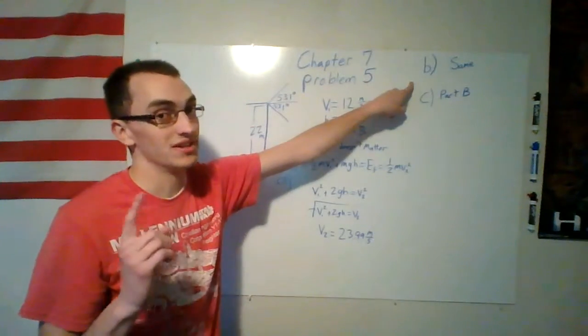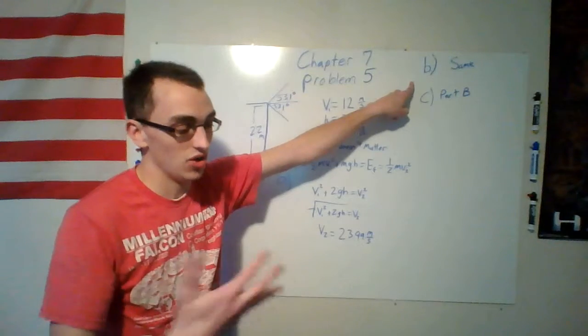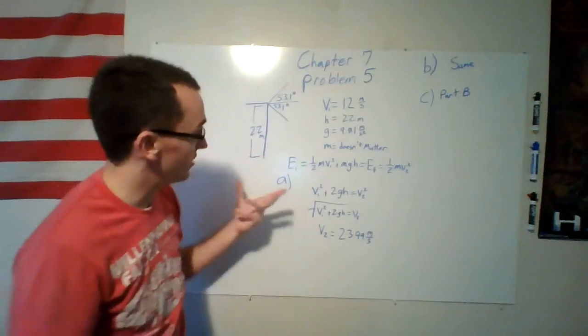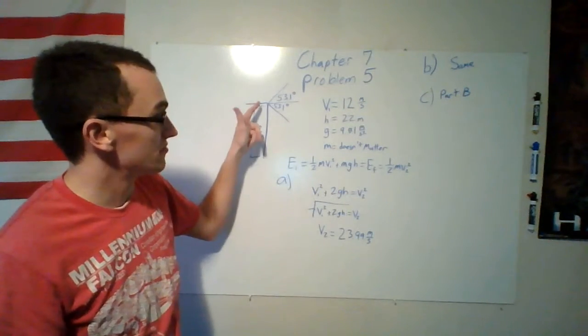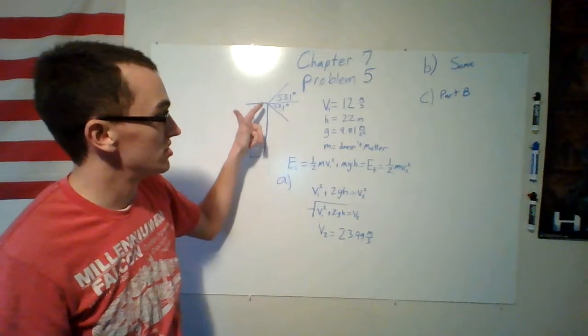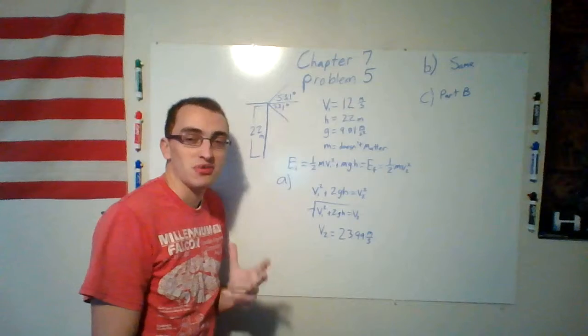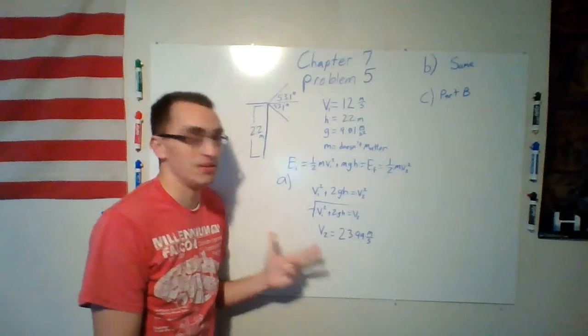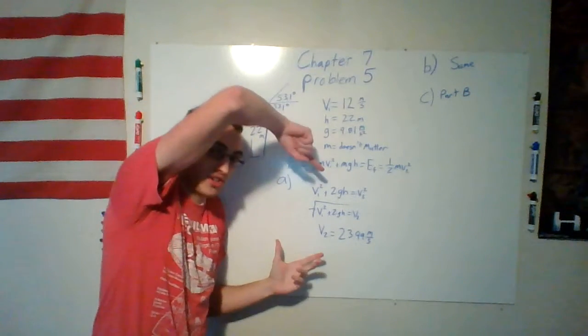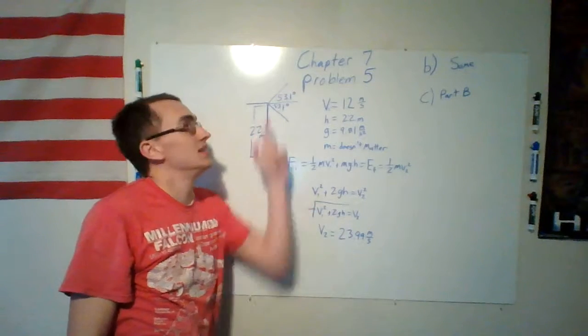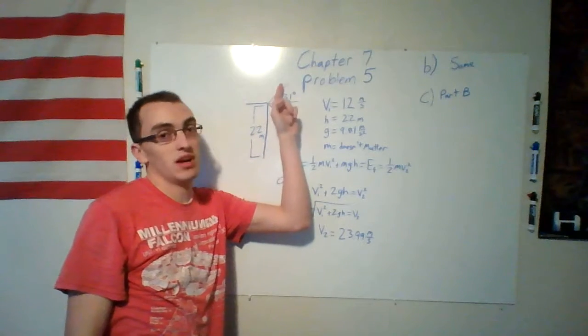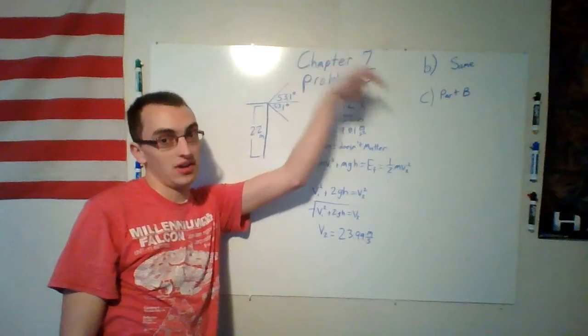Part C, which one's going to be going faster if there is air resistance? I'm trying to think of an easy way to explain this, but pretty much part B, going down, is going to be faster. Because if you throw up, you have air resistance blocking you all the way on your way up and on the way down.